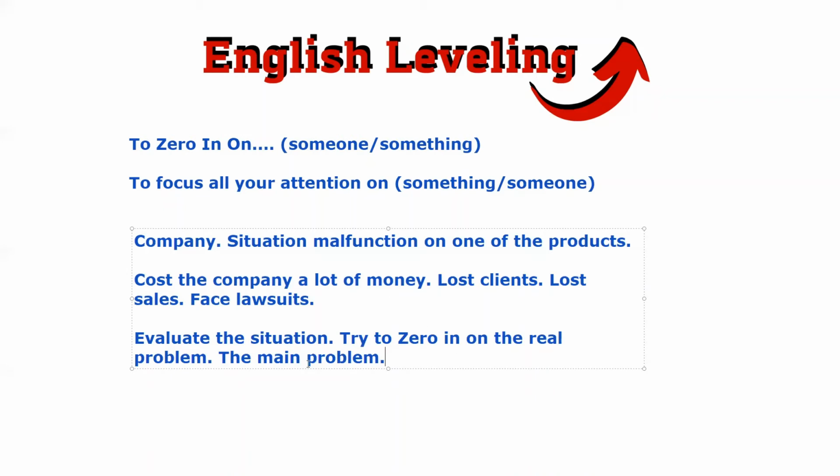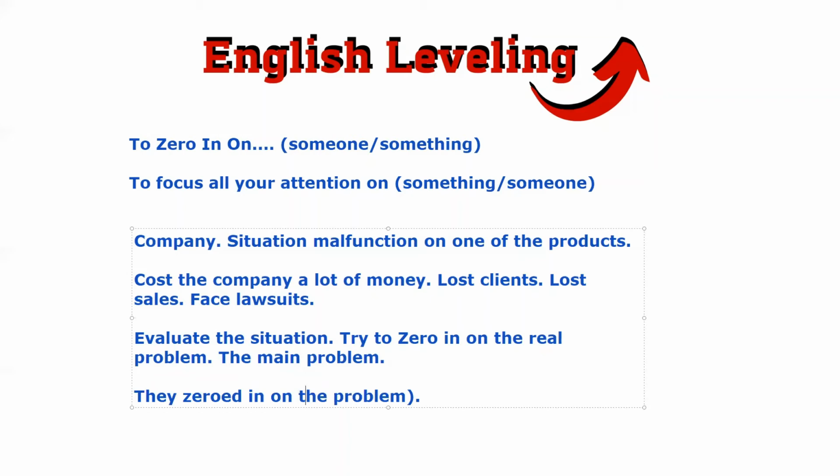We can say that they zero in on it. They zeroed in on the problem, right? We can make the sentence just like that. They zeroed in on the problem. They zeroed in on whatever it is.